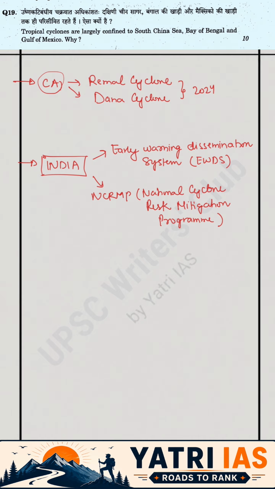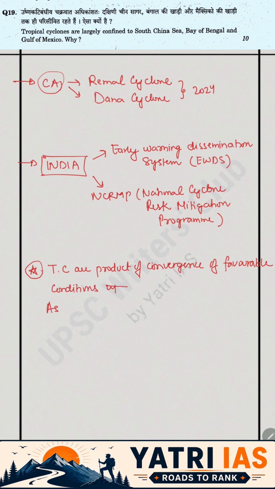Towards the end of your answer, you need to mention a very relevant conclusion. You could cite that these tropical cyclones are surely a product of convergence of favorable conditions, and as the problem of climate change looms, with climate change you see increase in sea surface temperatures, ocean heat content rising, marine heat waves.